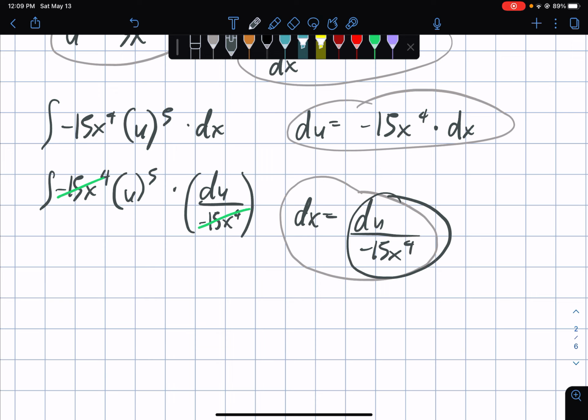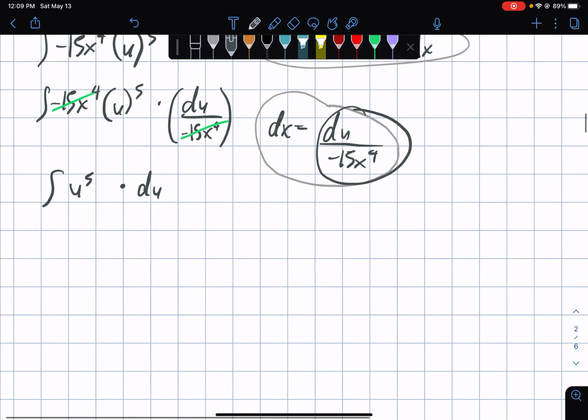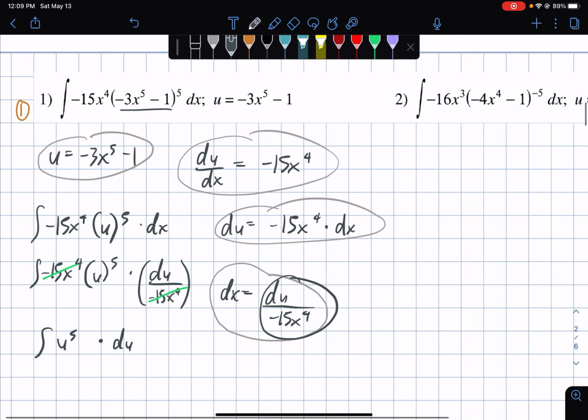So we end up with this kind of thing. And there's something that I told you before in the previous video about solving indefinite integrals, not with u substitution, but using power rule or constant rule.